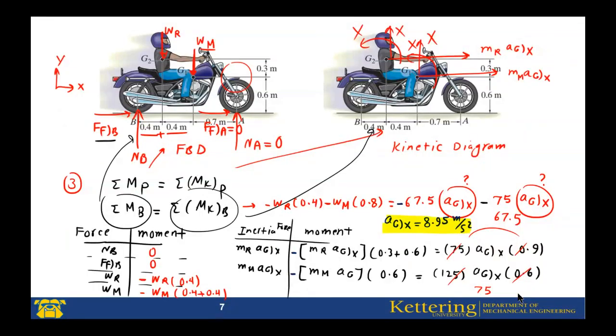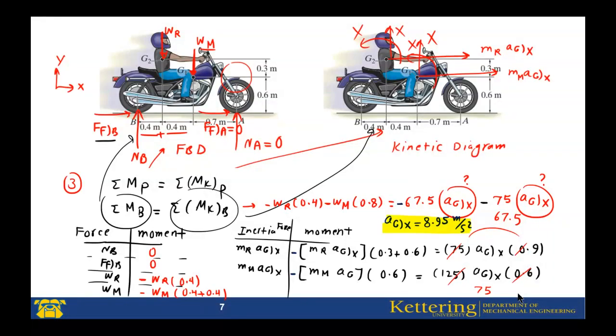I'm trying to follow what you're doing with the negative WR, WM. I understand that's there, and then you find numbers on the other side, and they're not the same. I have WR times 0.9. These are the moments: this is the initial force, this is the distance.